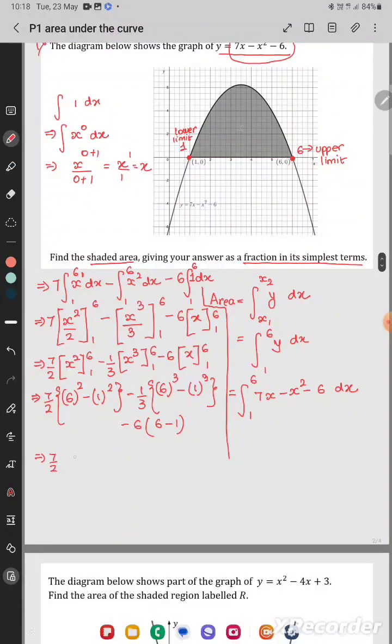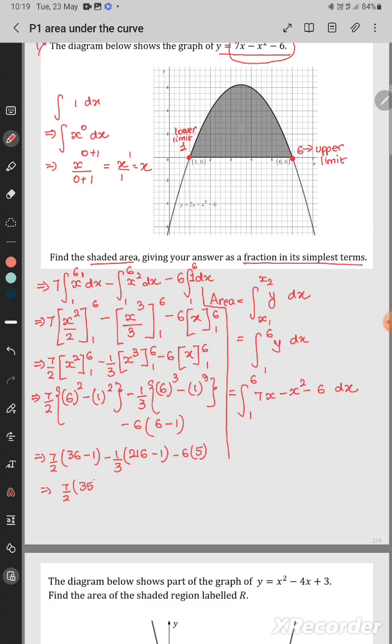So 7 by 2, that is 36 minus 1, minus 1 by 3, which is 216 minus 1, minus 6 into 5. So 7 by 2 bracket 35, minus 1 by 3 bracket 215, minus 30.